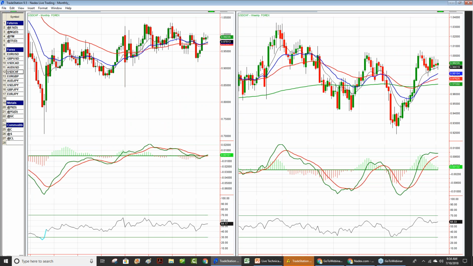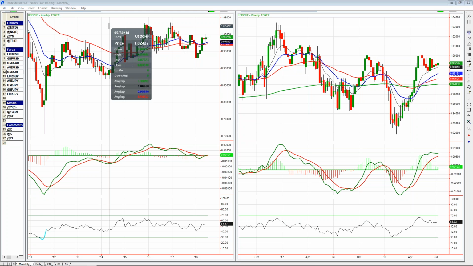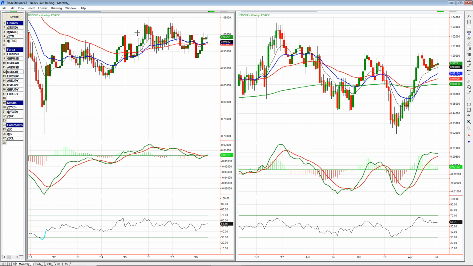And again, I'm always looking at the higher time frame charts first, regardless of how low I'm trading, even if I'm trading intraday charts. We've got a pretty key level up around that 102, 103 level, say around 103.